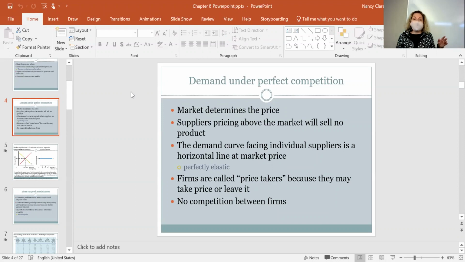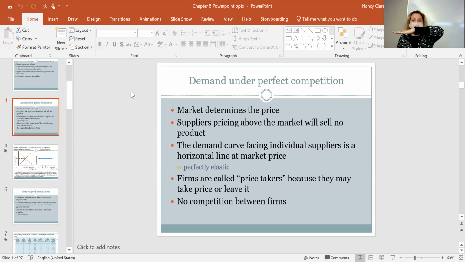So while the demand curve for the whole market for apples is downward sloping, the demand curve I use when I'm doing my analysis is a perfectly horizontal, perfectly elastic one, right? You've seen that demand curve before back in chapter 5 when we talked about those special elasticity demand curves: perfectly inelastic, unit elastic, elastic.